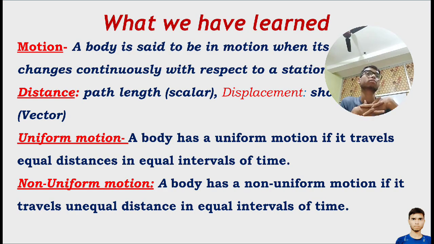Now here we saw an object covering some distance in equal intervals of time, and it is non-uniform, because within 1 hour the object traveled 15 kilometers, but again within 1 hour it is not the same.